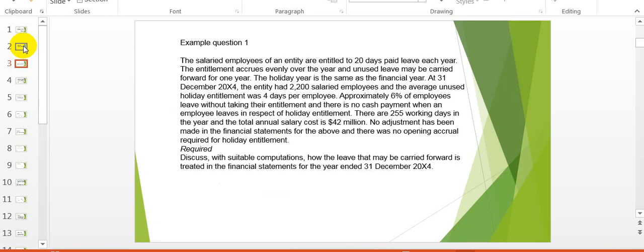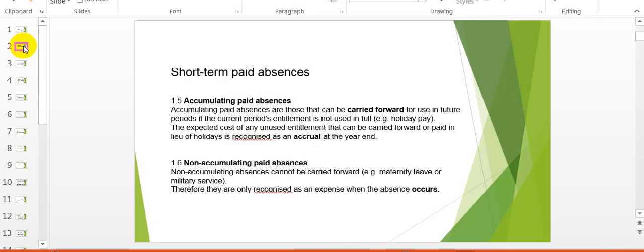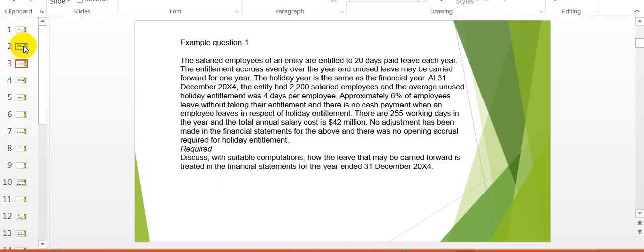We now look at an example of accumulating paid absences. In this question, we have an entity whose employees are entitled to 20 days paid leave each year.